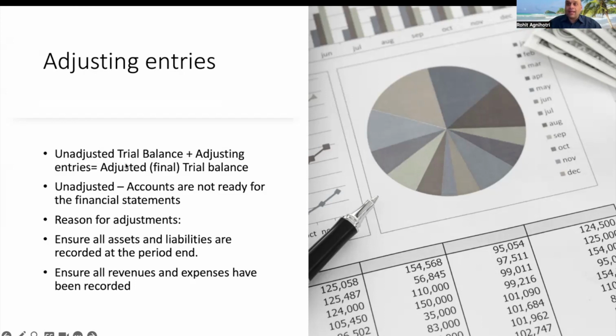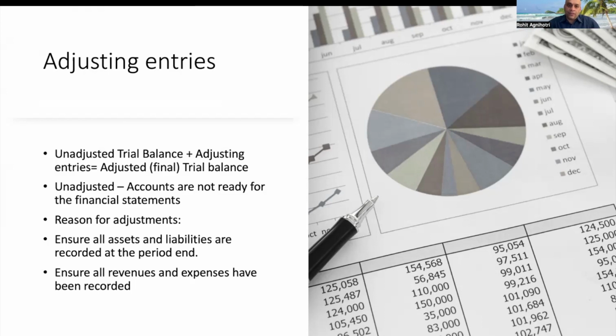When you add adjusting entries to the unadjusted trial balance, you get your final adjusted trial balance.